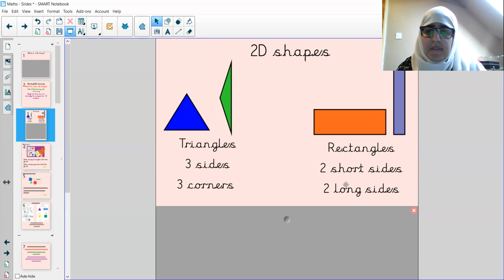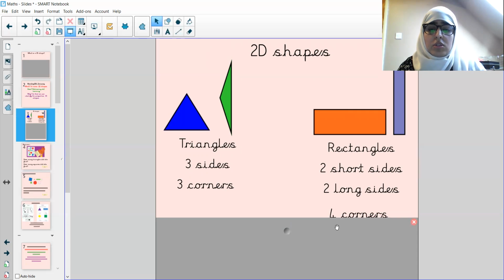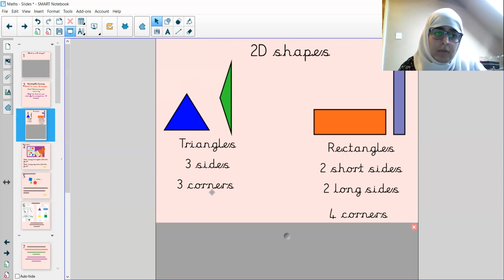Another property that a rectangle has is that it has two long sides. You can see there's one long side here and another long side here, and on this rectangle another long side here and another long side here as well. Instead of having three corners like a triangle, a rectangle has four corners.